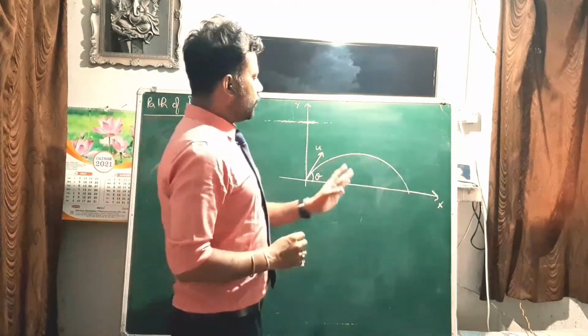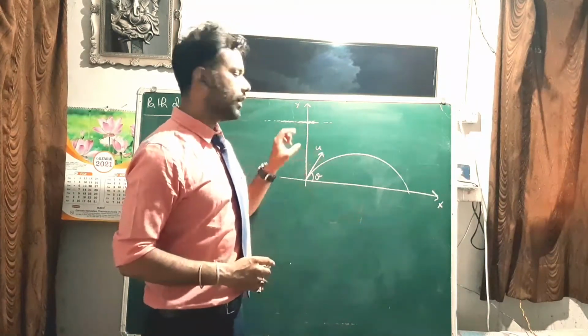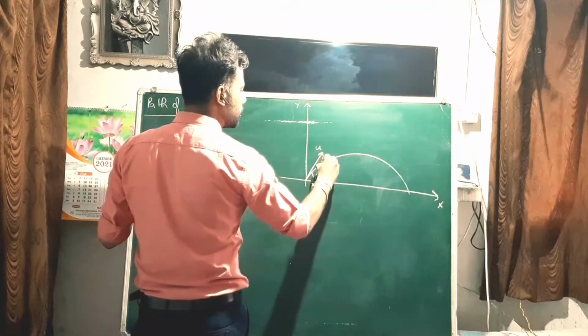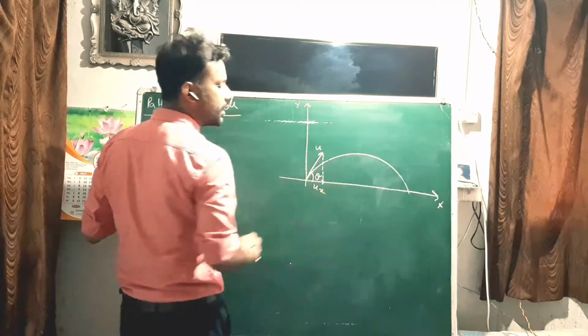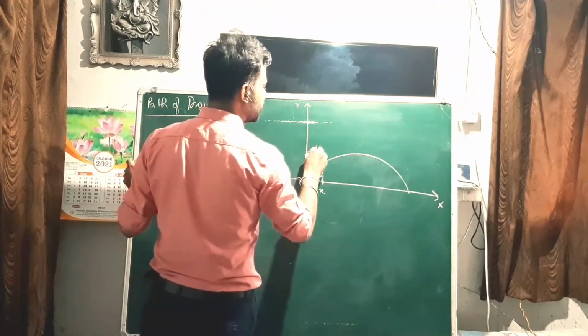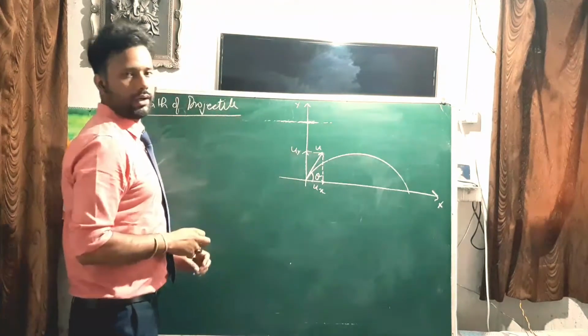Now as the body moves, we can see that it moves along the two axes, x-axis and y-axis. So it must have two velocity components also. First ux, that is the horizontal velocity component, and uy, that is the vertical velocity component.